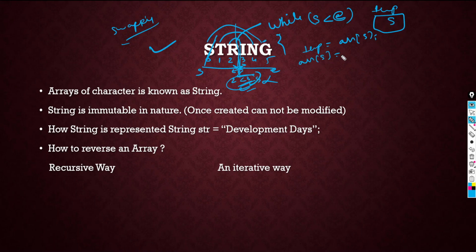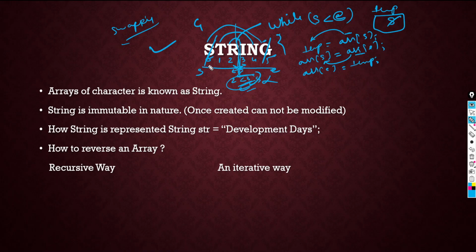Array of start will get the value of array of end. Array of end value will be transferred to this place. Array of start is already transferred to temp. Now array of start has a value, just like G as per this logic, and this place is empty. So how will you fill this empty place? Array of end will be filled with the temp variable, right?